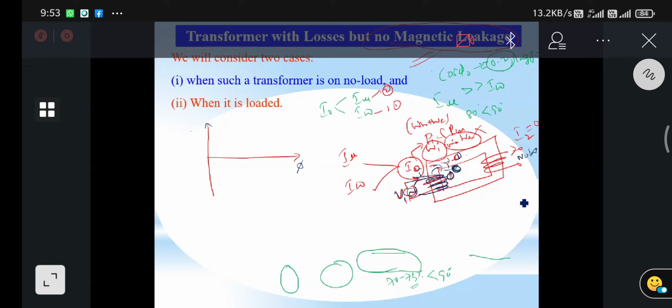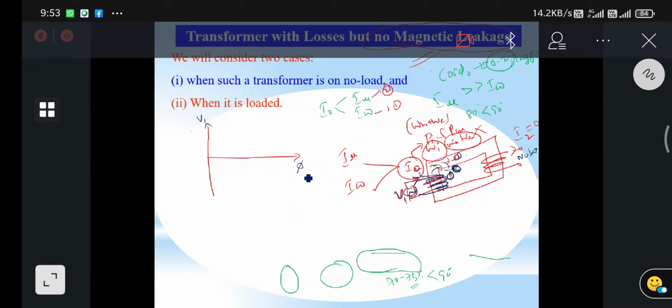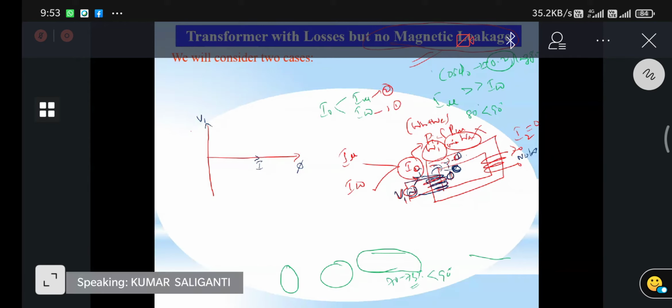It has two components: working component and magnetic component. Taking the flux as a reference, this is V1. Before discussing the no load condition of the practical transformer, we have to know the ideal condition. So in the ideal condition, you can see here.